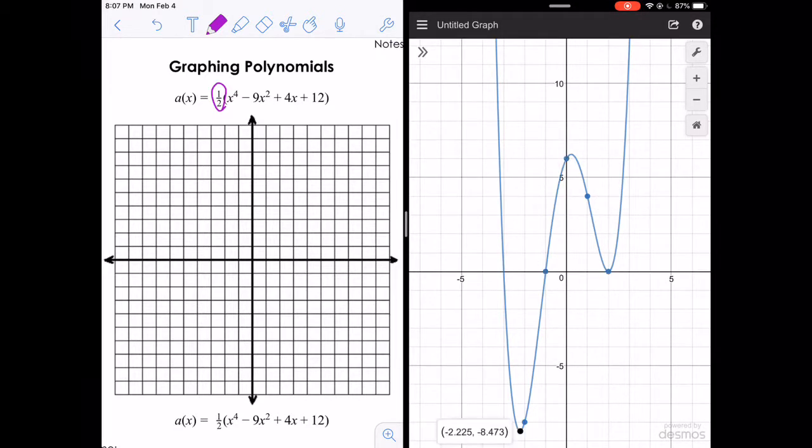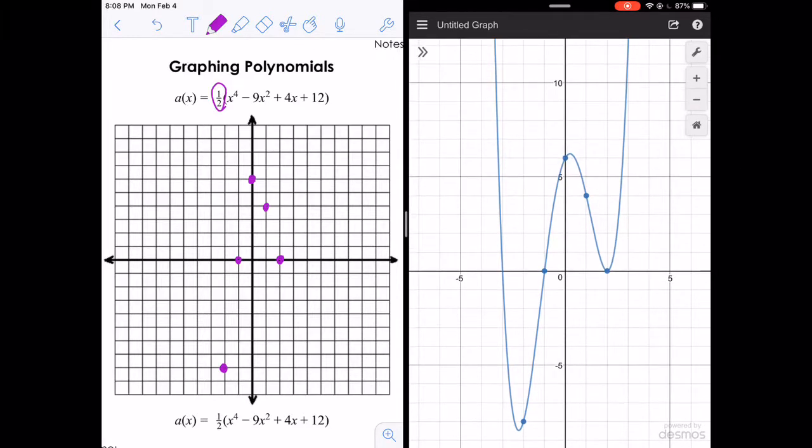I can see all these little points here. So -2, -8 looks like a pretty close one. And then -1, 0, 6, -6, 0, 1, 4, and then 2, 0. And then it just goes off the graph.